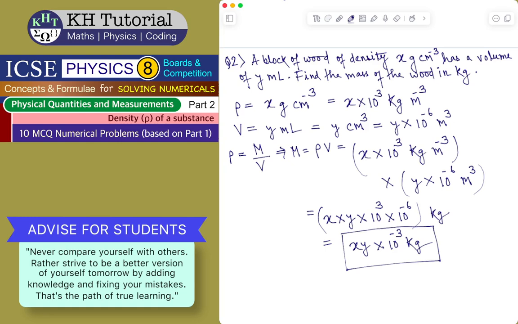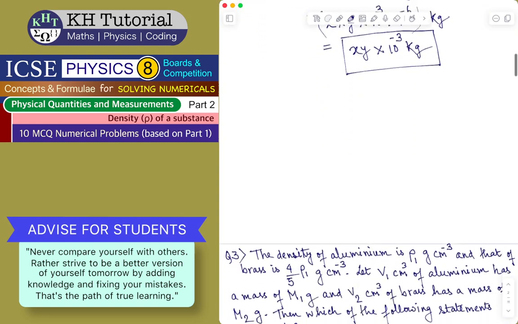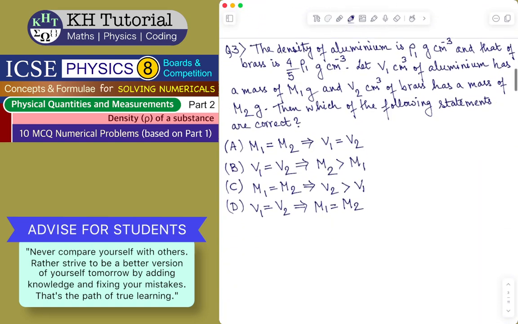Okay, let's see the next problem. Question number 3 says, the density of aluminium is rho 1 gram per centimeter cube, and that of brass is 4 by 5 into rho 1 gram per centimeter cube.